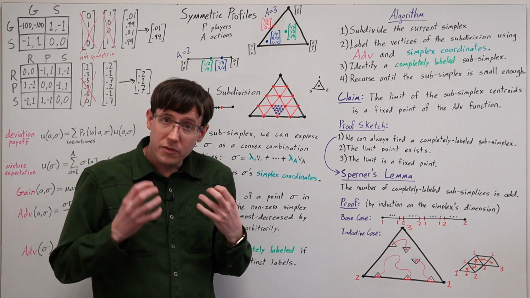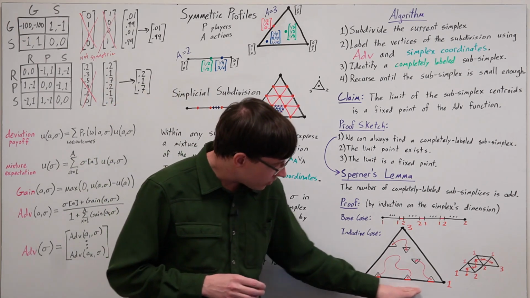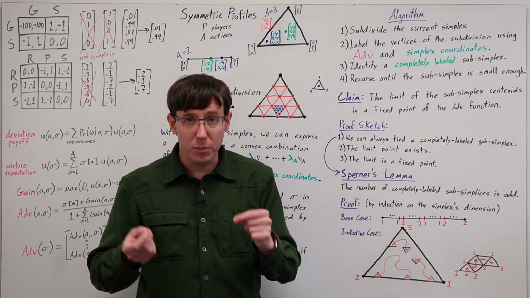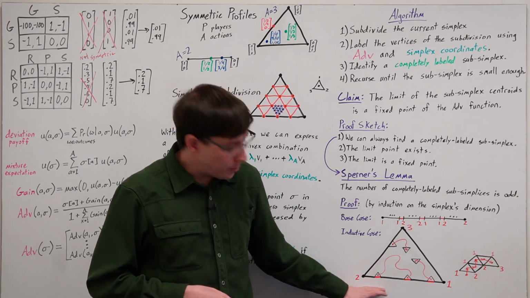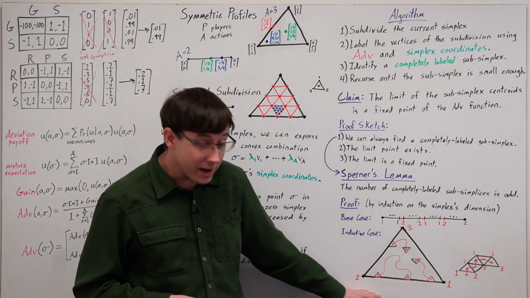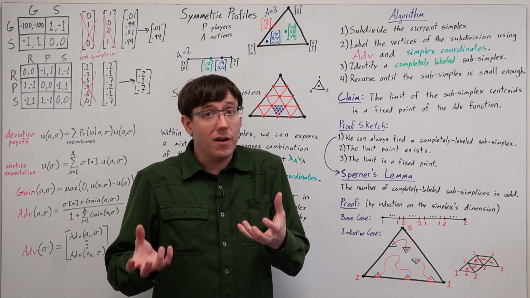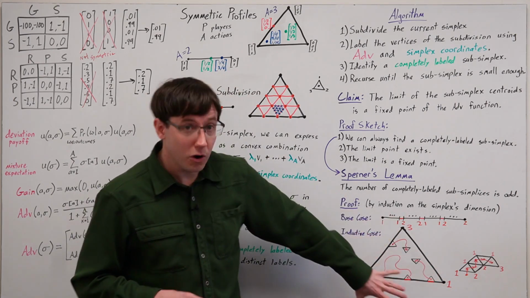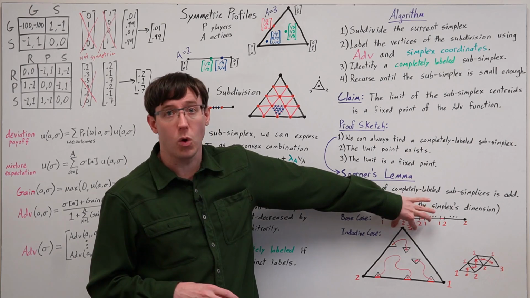And so by the inductive hypothesis, we know that on this face there must be an odd number of completely labeled subsimplices. And completely labeled on this face means it uses all of the possible labels of the larger simplex except for 1.